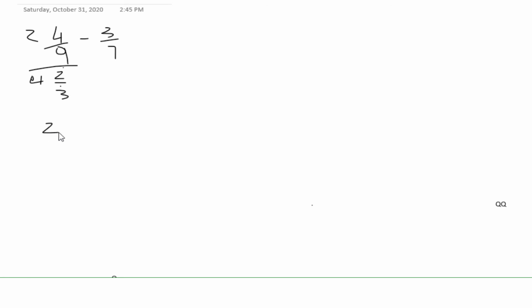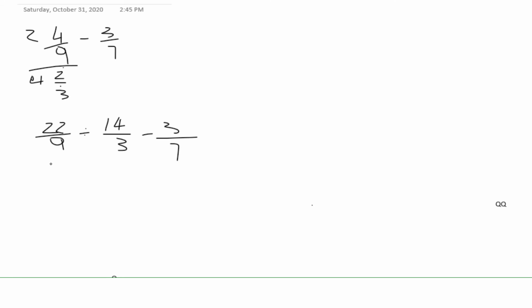We get 22 over 9 divided by, we change this part here to improper fraction, we get 14 over 3, minus 3 over 7. Looks a bit simpler.